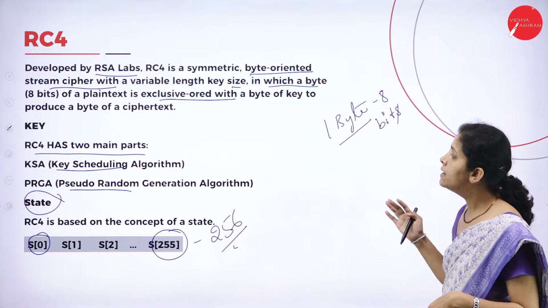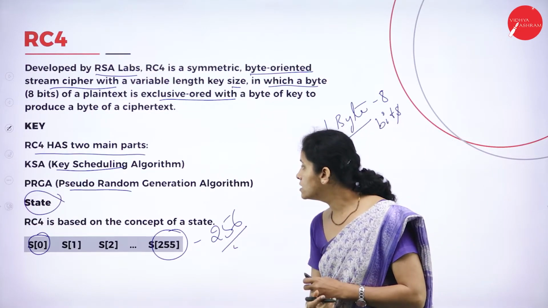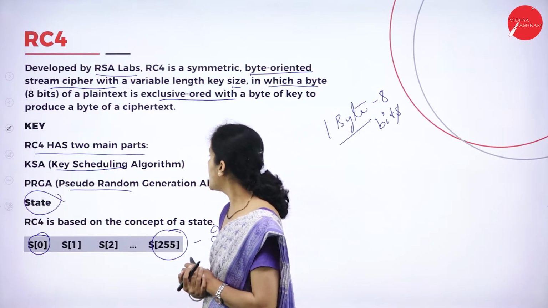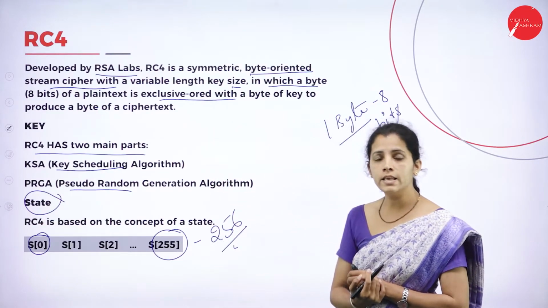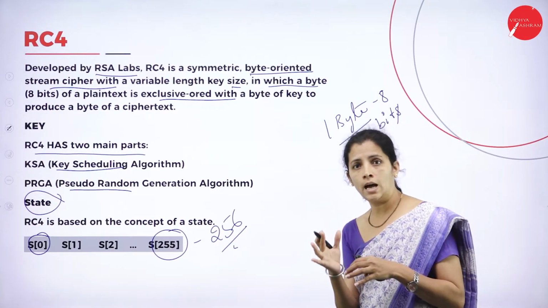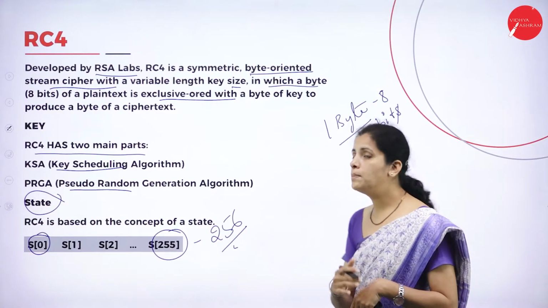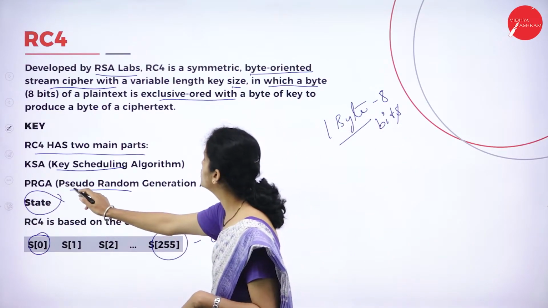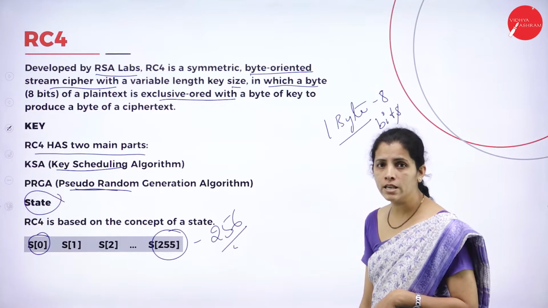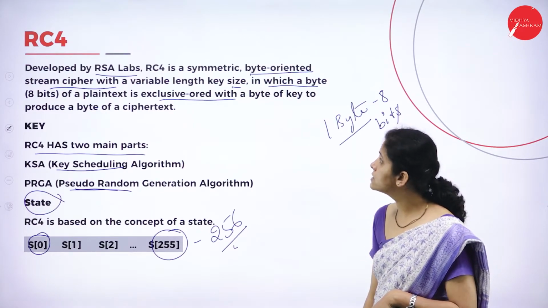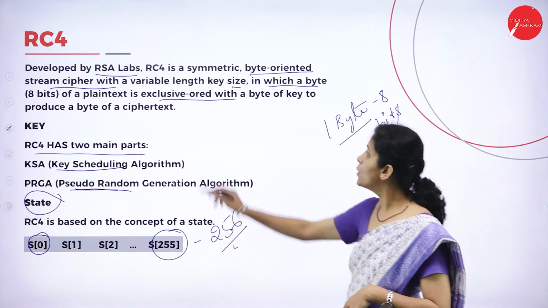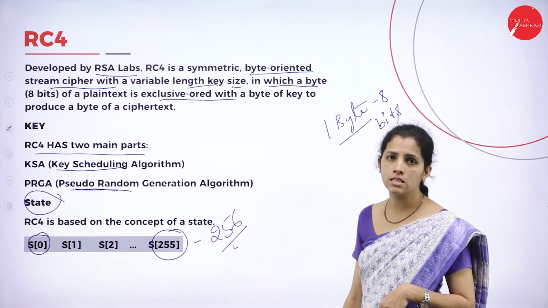This is the way the key scheduling algorithm works. And the pseudo random generation algorithm is mainly used to generate pseudo random numbers. To generate my pseudo random numbers, I use the pseudo random generation algorithm. This is all about RC4, a symmetric byte-oriented stream cipher with variable length key size.